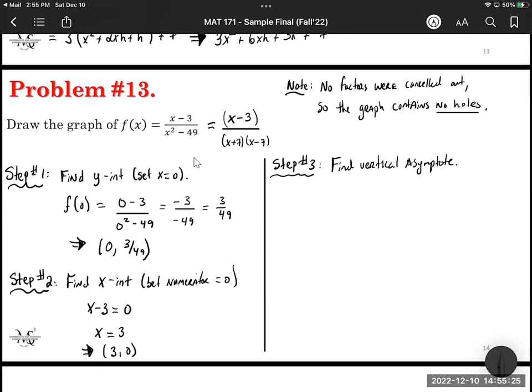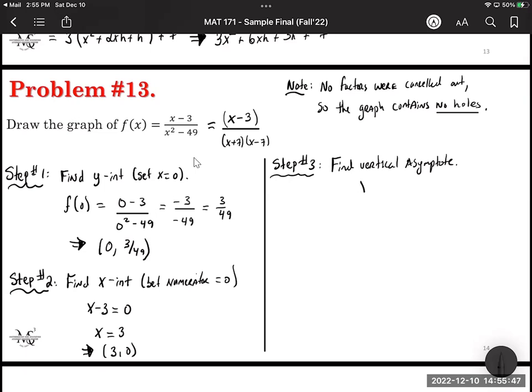You first factor the denominator. That's right. And then you just set each factor equal to 0, and then you solve for your x. There you go. That's right. You got it.